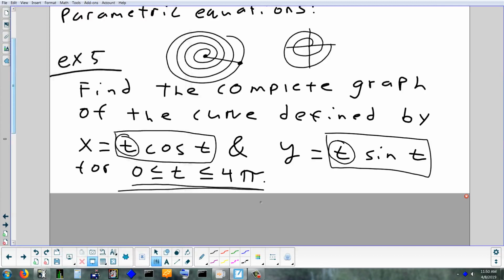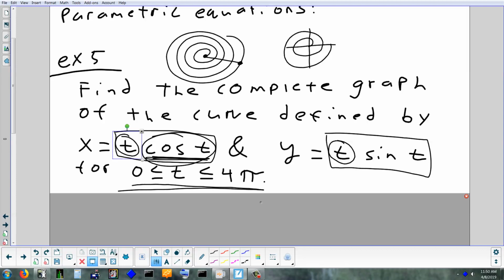Now, I've got to figure out how big to make my window. I want the spiral to go on the screen. So, look at cosine. Remember, when we drew sine and cosine, what's the highest and lowest that they went? They always go to 1 and -1. So this part right here, the biggest it could ever get is 1. What's 1 times 4 pi? 4 pi.